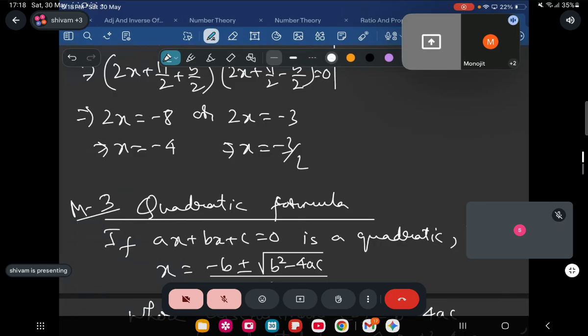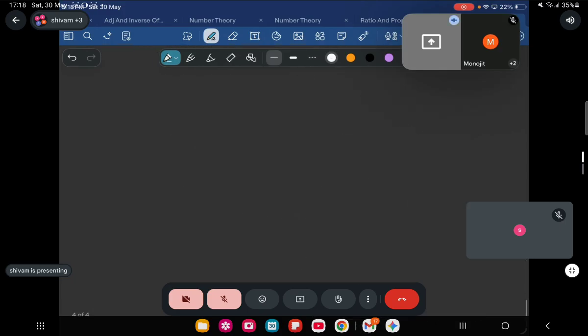Sir, it will be ax square. X square, that is understood. Typo.